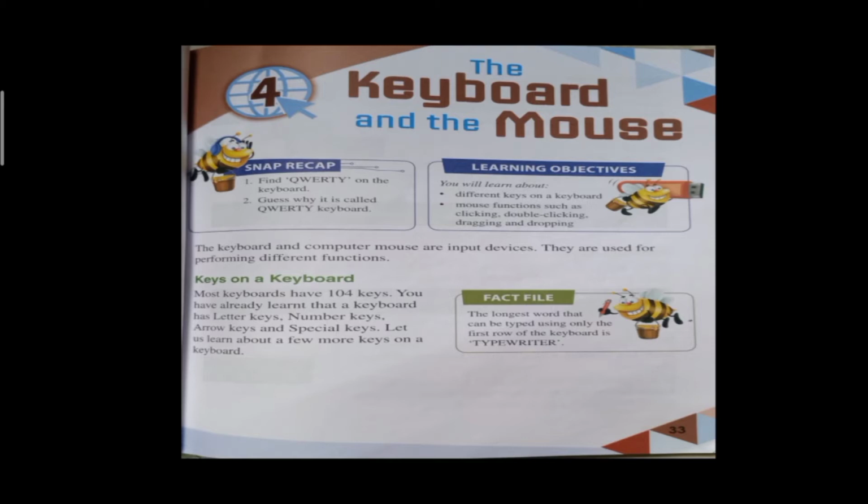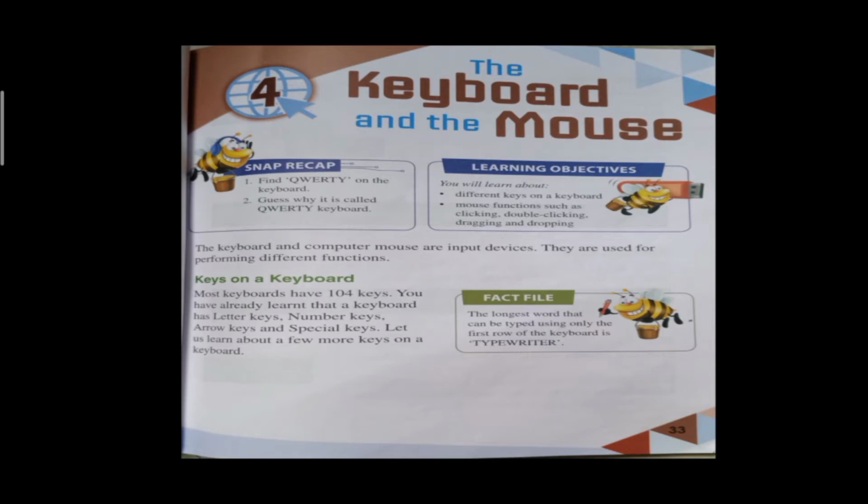Okay, children. Now we can see that keyboards have 104 keys, and we already learned how many letter keys on the keyboard, number keys on the keyboard, arrow keys, special keys. Okay, children. Now we have already discussed the longest word that can be typed using only the first row of the keyboard is typewriter.